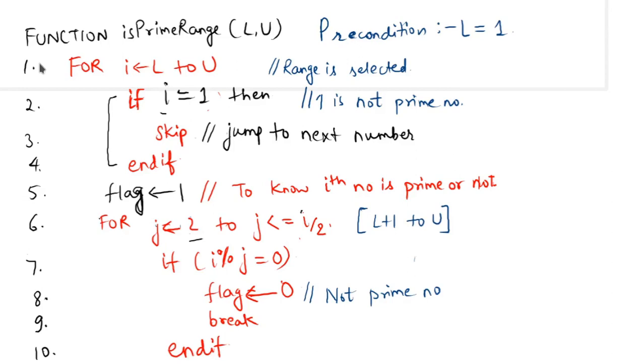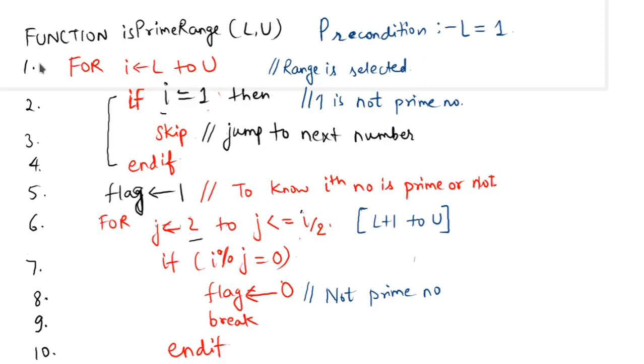And then from 2 to U, each number has to be checked whether it is prime or not. Hence J will start from 2 to J less than I by 2. Why I by 2? Because 2 is the smallest prime number, and any multiple of 2 will be discarded.